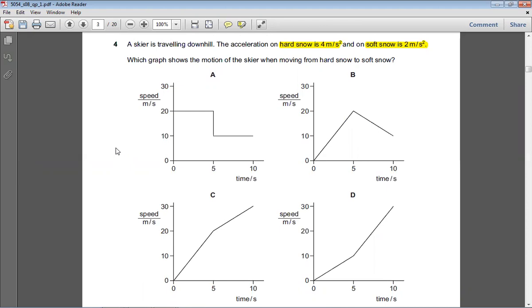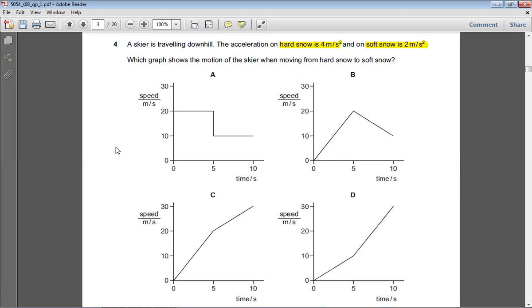A skier is traveling downhill. The acceleration on the hard snow is 4 meters per second square, and on the soft snow is 2 meters per second square. Which graph shows the motion of the skier when moving from hard snow to soft snow? So here in the options, you have A, B, C, D, and you have speed-time graphs.